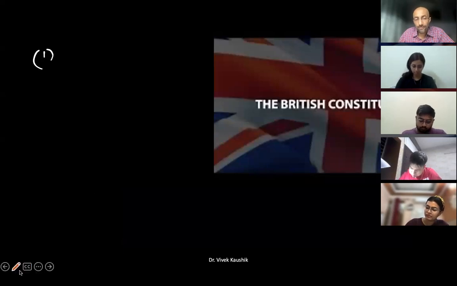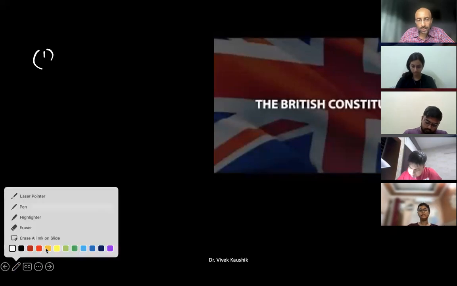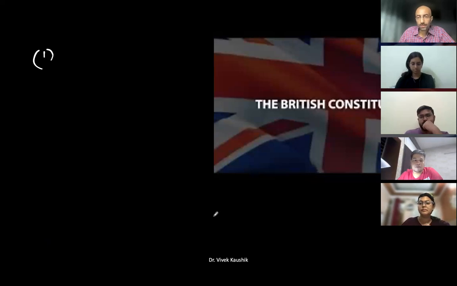So a very interesting point about the British political system is that although it is the world's oldest democratic system, mother of all democracies, yet the bulk of the British Constitution is just based on conventions.